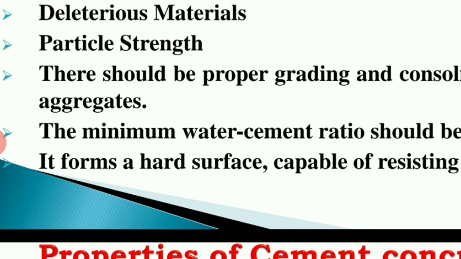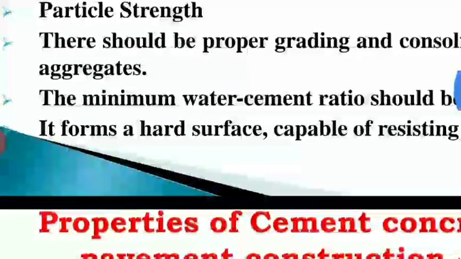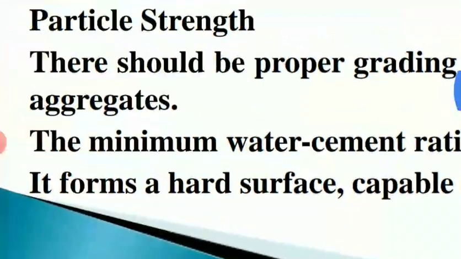And next, that is particle strength. For normal concrete pavements, the aggregate strength is rarely tested, and it is usually much greater than required, and therefore it is not as critical a parameter as the paste strength or even the paste-aggregate bond. Particle strength is the most important factor in high strength concrete mixtures.